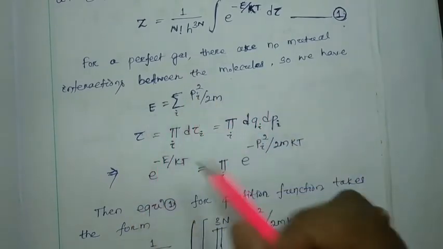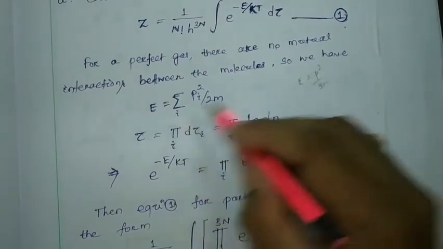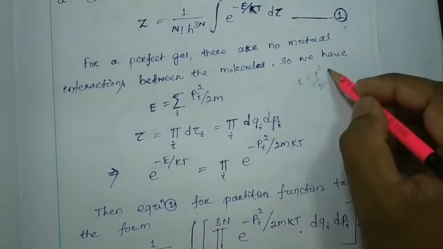So the total energy will be, because we know that E equals p square by 2m, p1 square by 2m plus p2 square by 2m, like that.